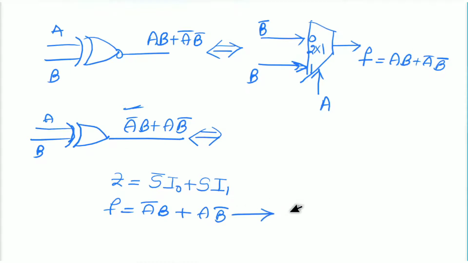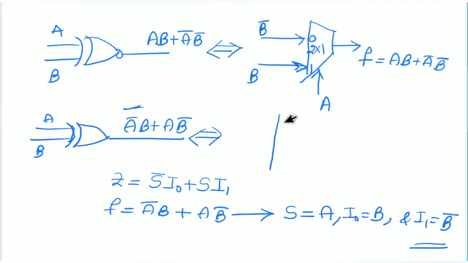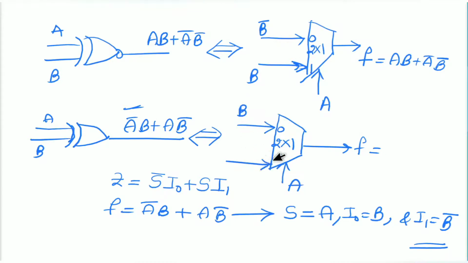Then the connections would be: you need to select S equal to A, I0 equal to B, and I1 is equal to B bar. If you choose these kind of connections, you can generate the same logic with the help of a 2:1 mux. So this is F, and again here S is A, but this time for the 0th line you need to connect B, and for line 1, input I1, you need to connect B bar.